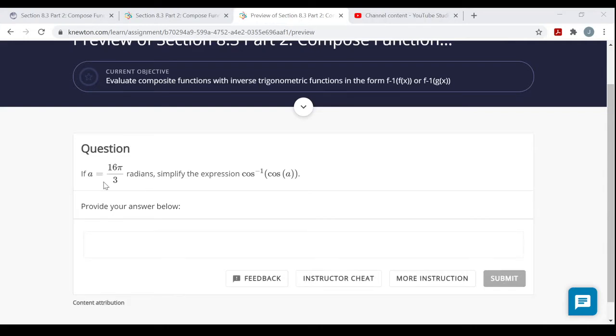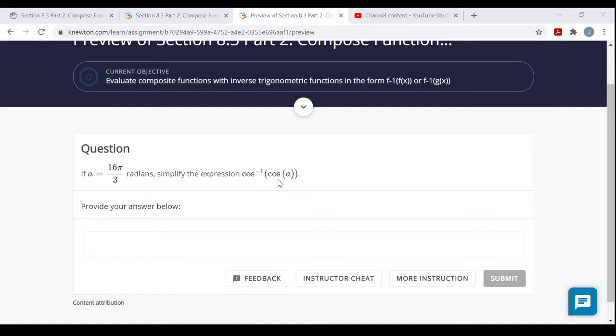Okay, so here, question. If a equals 16 pi over 3 radians, simplify this expression. Now, this can trip some people up. As you probably saw back in pre-calc 1 or some algebra class before this, when you compose two functions that are inverses of each other, this is cosine in here, this is inverse cosine, they're inverses of one another.